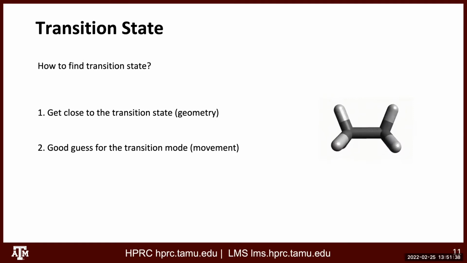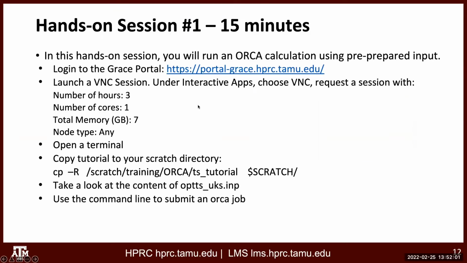And for a transition state, you would have one imaginary frequency that corresponds to a certain movement. Being able to predict the mode, like how the molecule vibrates, how the molecule rotates at the geometry, will also help you find the transition state.